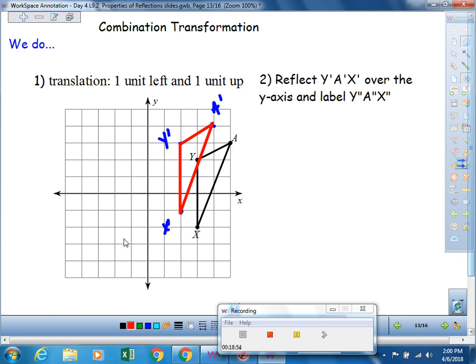So what axis are we going over? The Y. So here's the Y. And so you should have Y prime, double prime, sorry. Y prime prime.